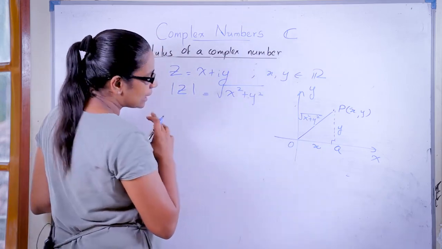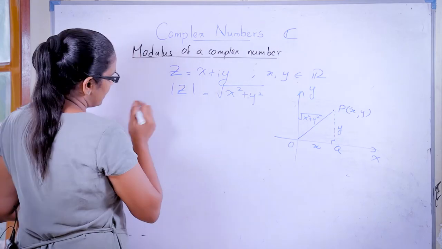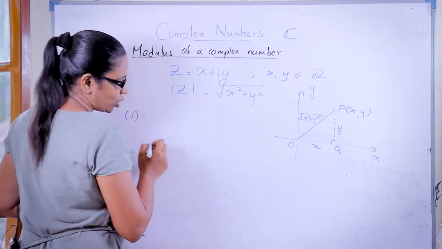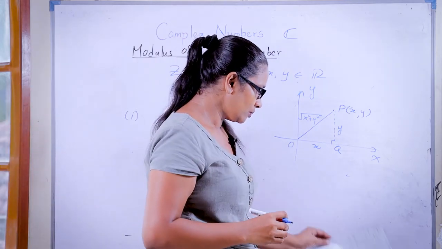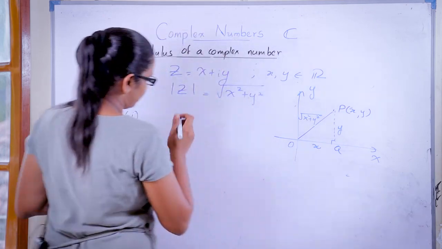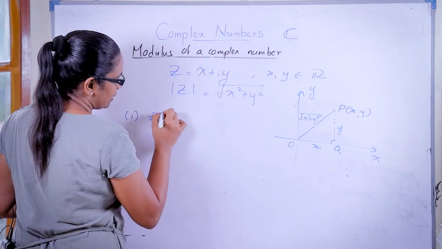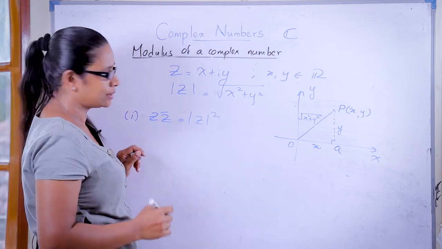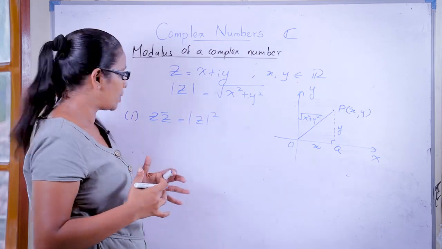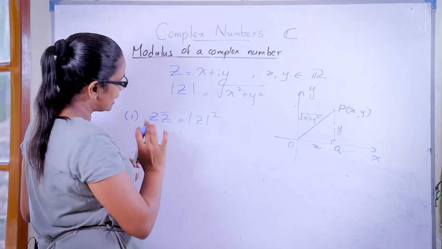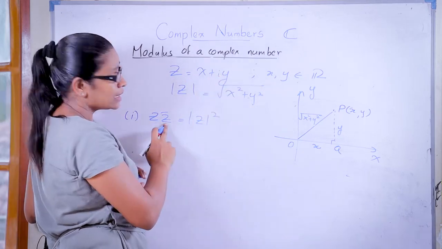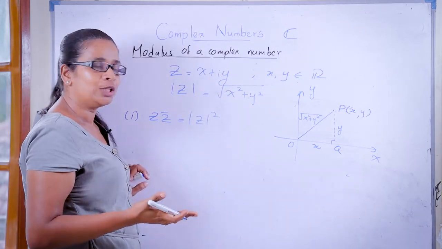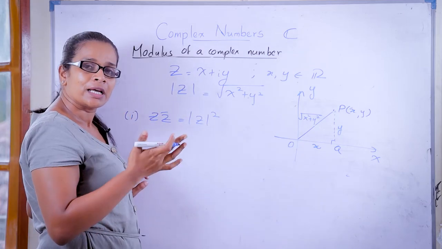There are some theories related to this one. The first one I would like to talk about: z times z bar equals the square of the modulus. Let's consider z as x plus iy. Then z bar, the conjugate, is x minus iy.